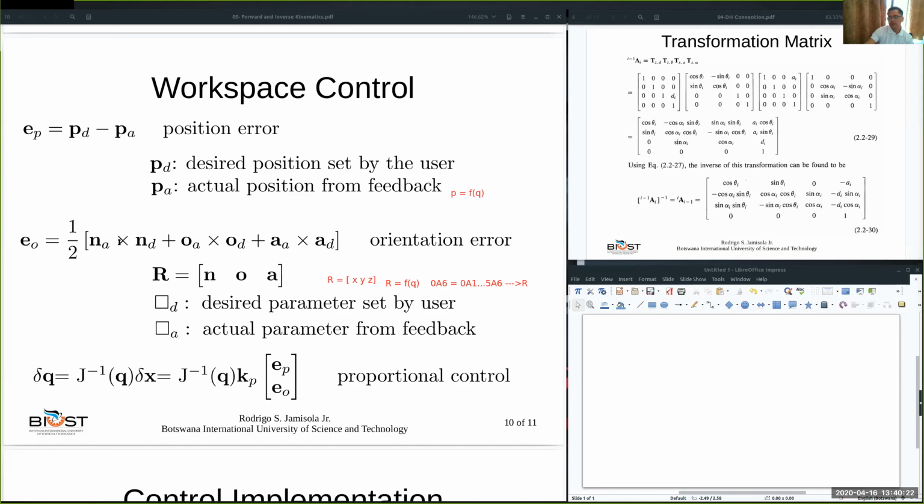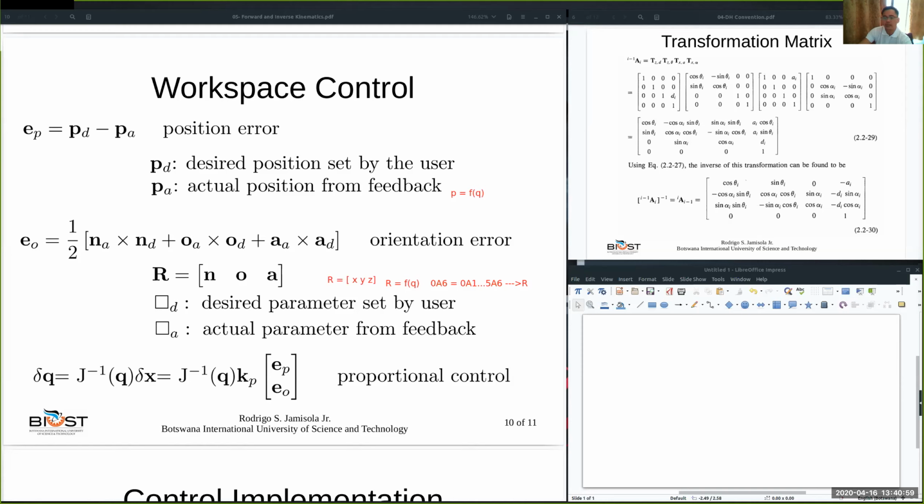But then the question is, how do you define your desired rotation matrix? Well, you can define it. For example, if the desired rotation is the same as the reference frame, there's no rotation, and so the rotation matrix is an identity. But if you want a certain rotation about a certain axis, you can follow the roll pitch convention that people are using.